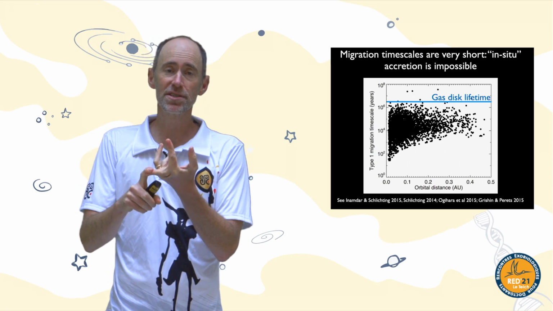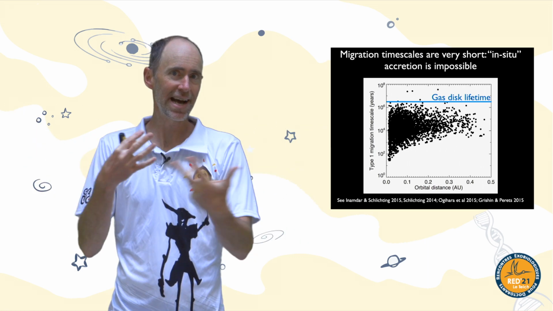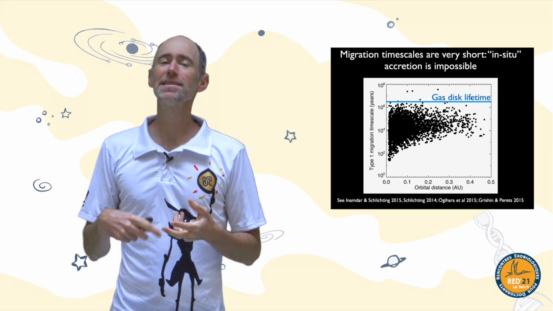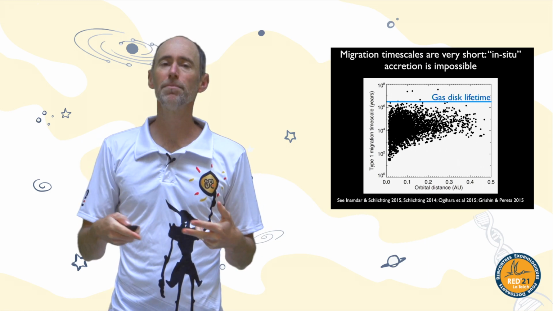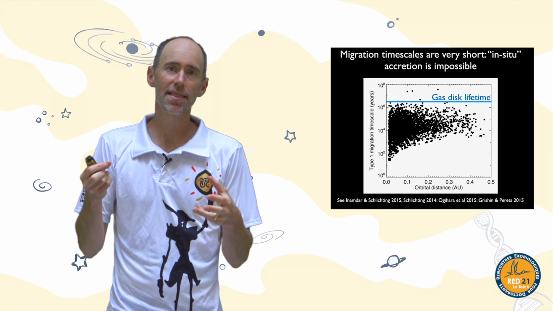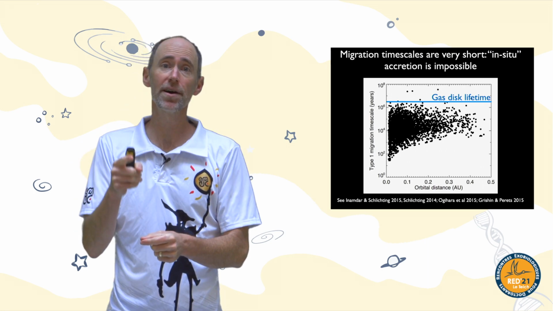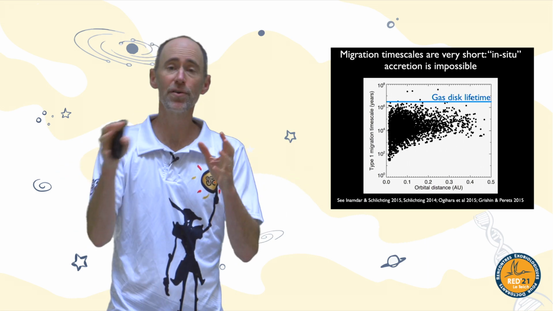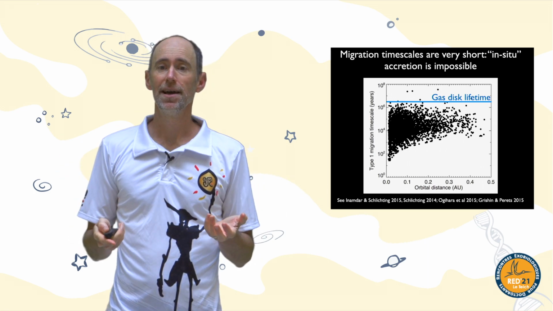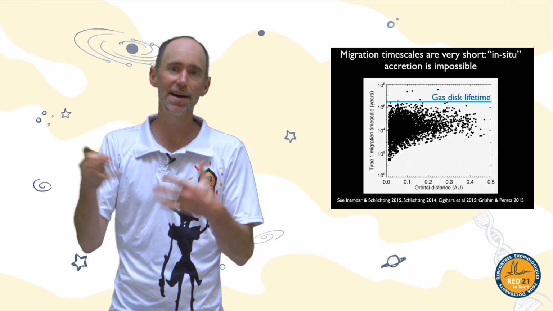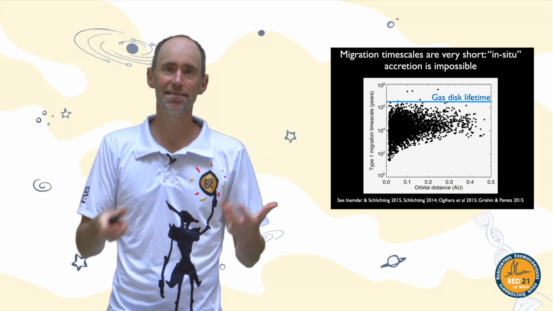And what this plot shows is that if they form where they are while there's still gas there, they should migrate really fast. And so basically this just means that we can't ignore migration. So the idea that planets form in situ, that first curve where planets just grow where they are without worrying about things moving around, cannot make sense. And simply because of timescales. Things grow fast, they have to interact with the gas, which means that they have to migrate.